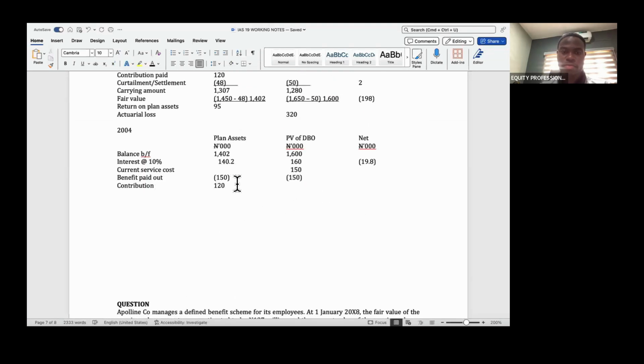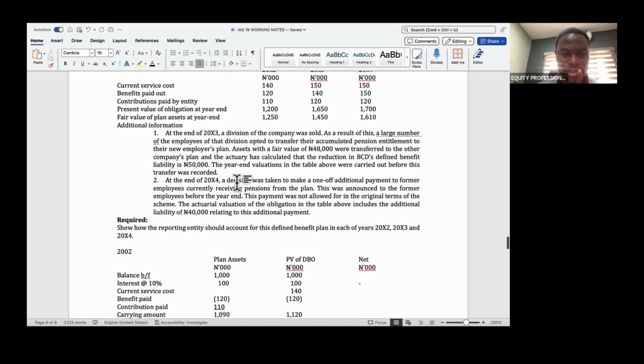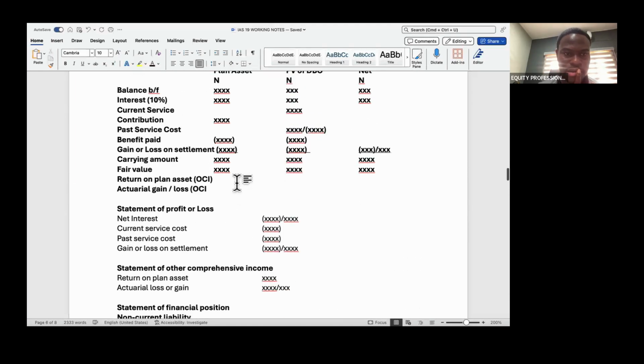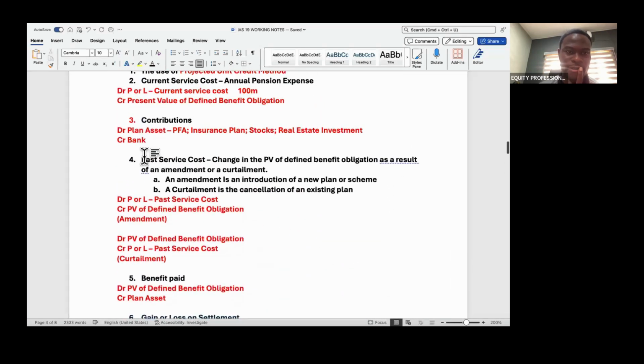So, if it's an amendment, if you remember, past service cost is a change in PV of defined benefit obligation as a result of an amendment or a curtailment.